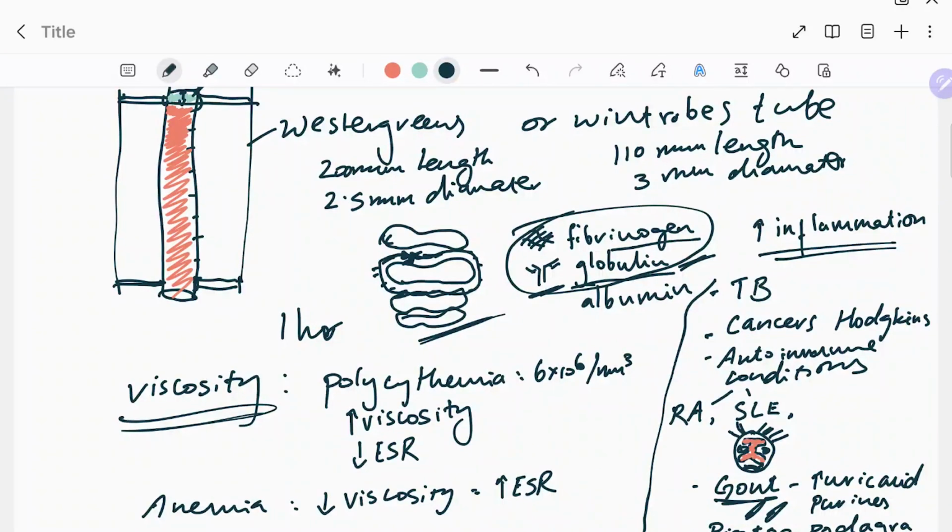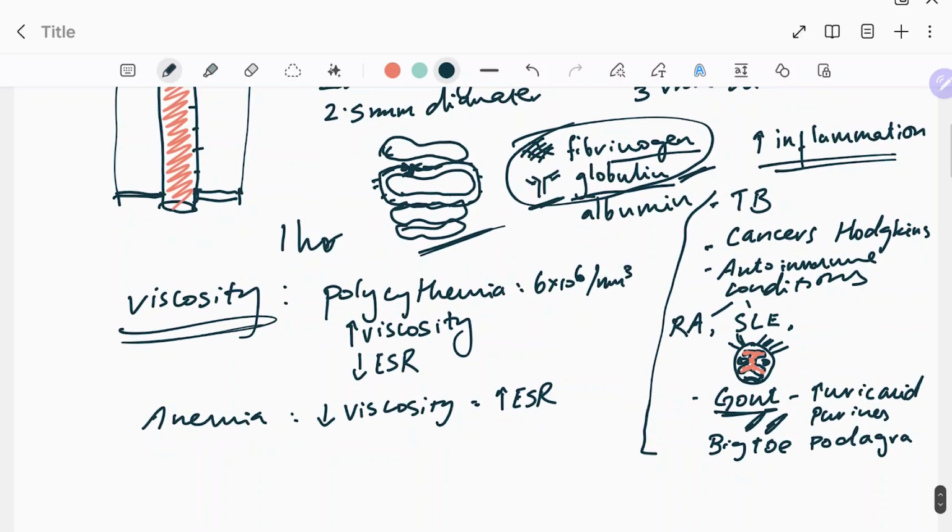However, this doesn't apply to every single anemia. All right, so when we talk about anemia, you'll realize that there are different kinds of anemias. For example, there's one important feature we use to describe an RBC.